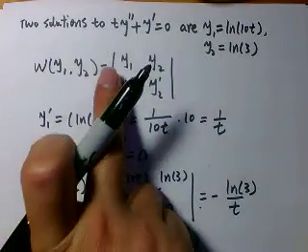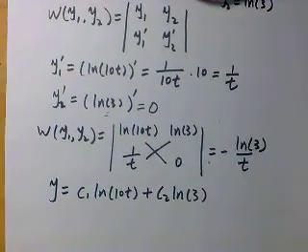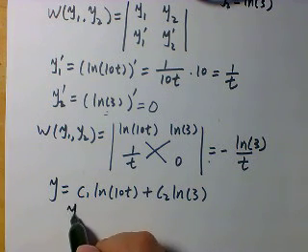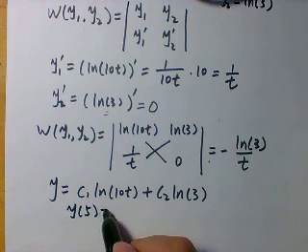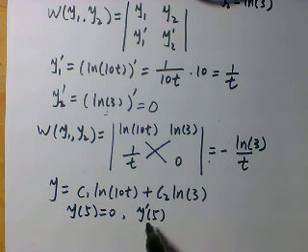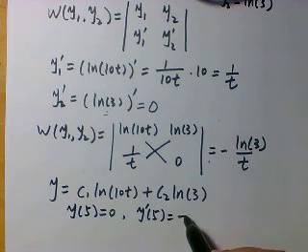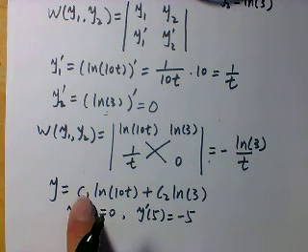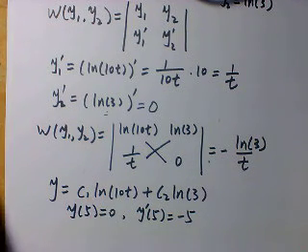Now, if I give you two initial conditions in order to calculate C1 and C2: the first initial condition, assume y(5) equals 0, and the second initial condition is y prime(5) equals negative 5. So how do we find C1 and C2? Let's try it.